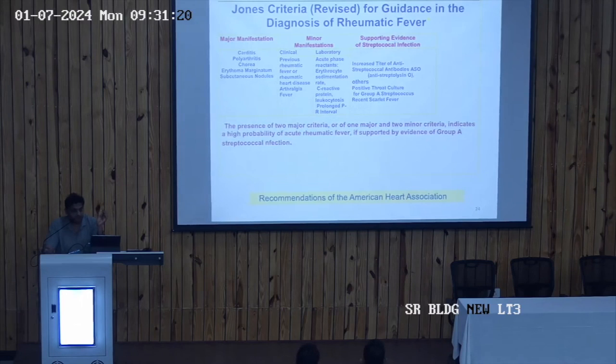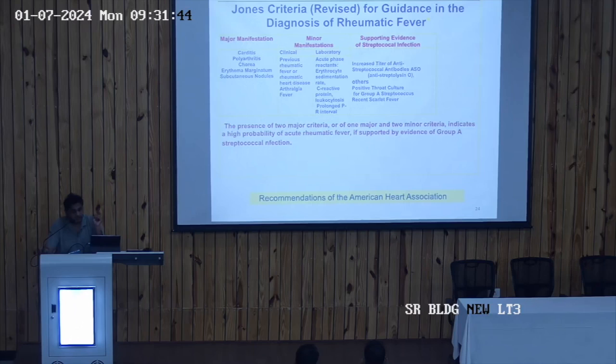In the labs, acute phase reactants like ESR and CRP are increased, leukocyte count is increased, and ECG shows a prolonged PR interval. As supporting evidence, ASLO titer and anti-DNase B are positive, and throat culture is positive. All three give the idea of diagnosis for the Jones criteria.